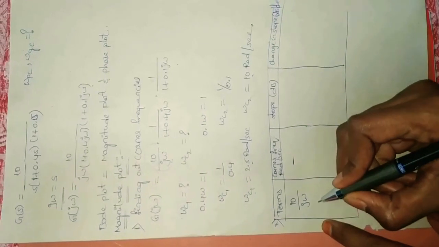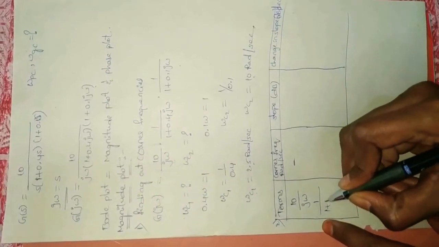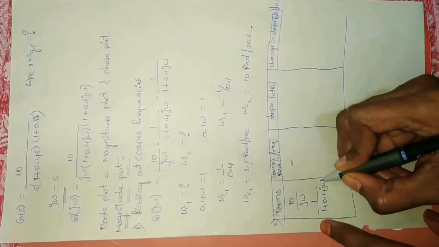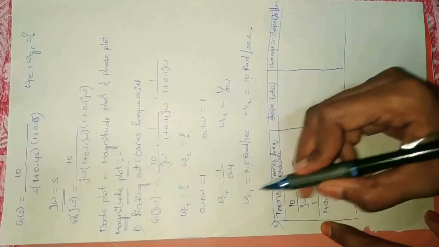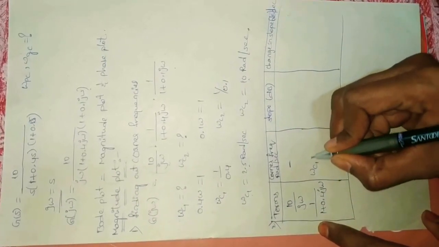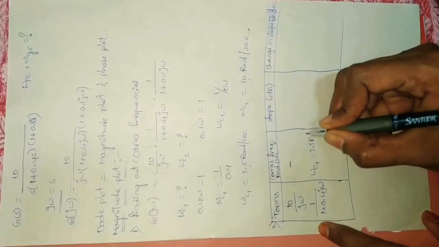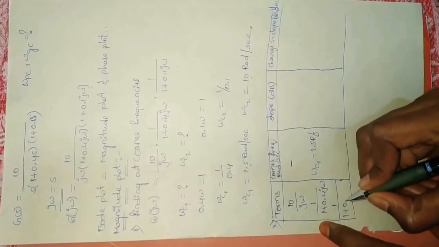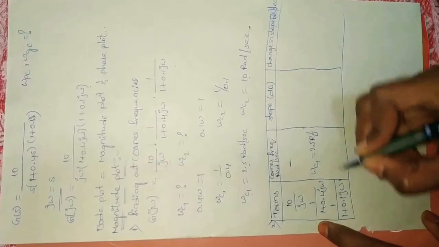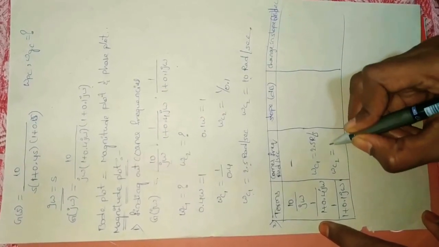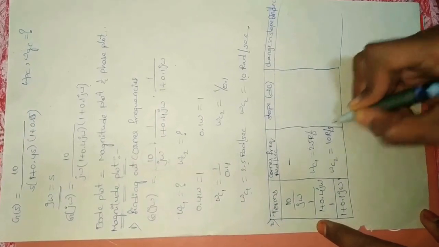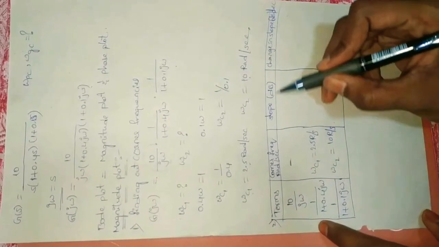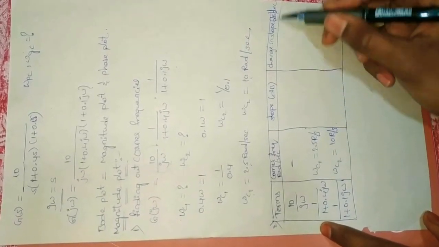After that I'll write 1 divided by (1 plus 0.4 j omega), having corner frequency omega c1 equals 2.5 radians per second, and the third term is 1 divided by (1 plus 0.1 j omega), and its corner frequency omega c2 is 10 radians per second. Now you need to find out the slope and change in slope.